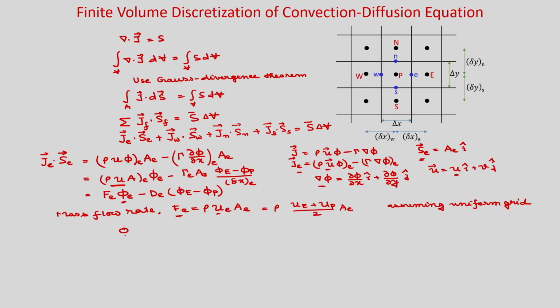So, for simplicity let us use the central difference, and for phi_e we can use the value of phi_E plus phi_P divided by 2. This is known as the central difference convection scheme.